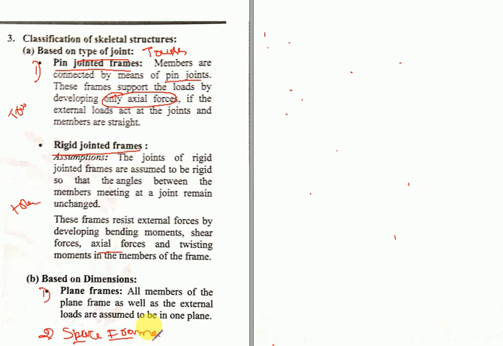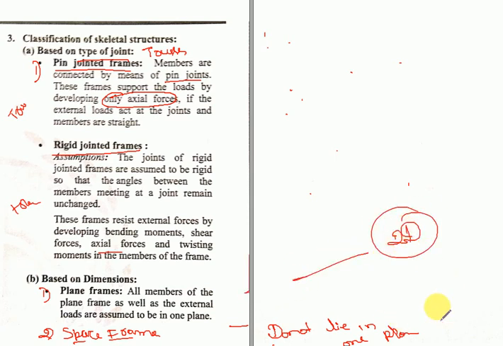But in case of space frame, all the members do not lie in one plane. In simple terms, we can say plane frame is called a 2D structure, and space frame is called a 3D structure.